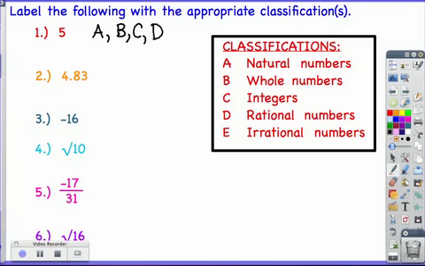Number 5, -17/31 is a fraction, and therefore it is rational. Number 6, the square root of 16, when simplified, is 4, which is a natural number. So A, B, C, and D are the correct answers.